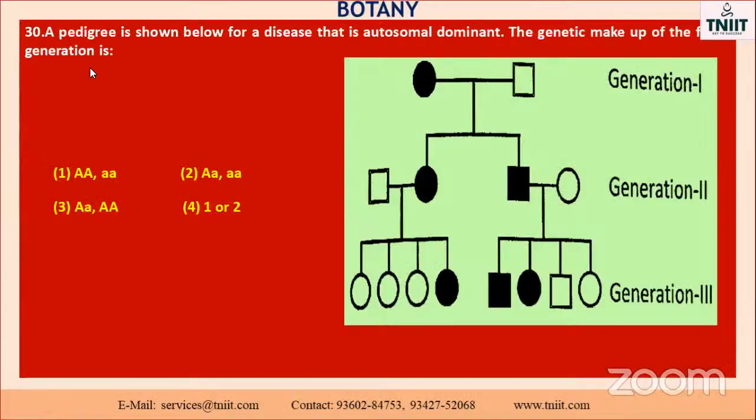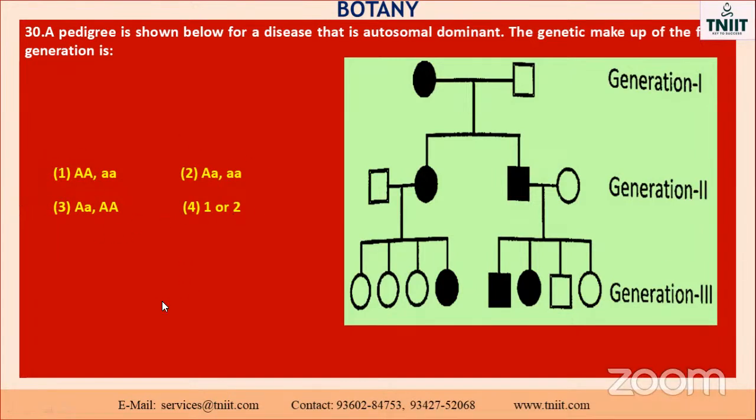For the next one, see this pedigree analysis, already discussed this part. A pedigree is shown below for a disease that is autosomal dominant. The genetic makeup of the first generation: see the first generation, second generation, third generation. Which one is the answer here?